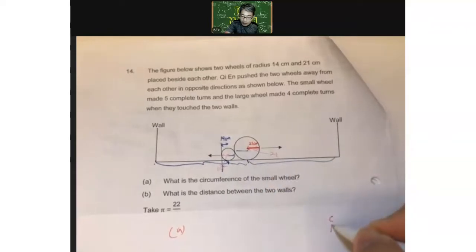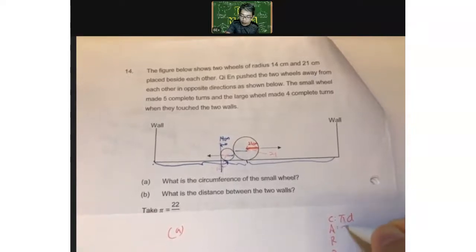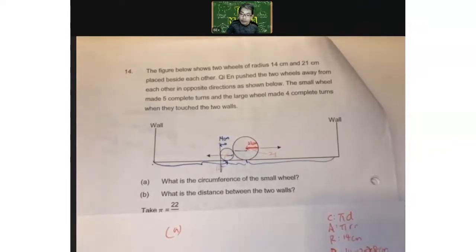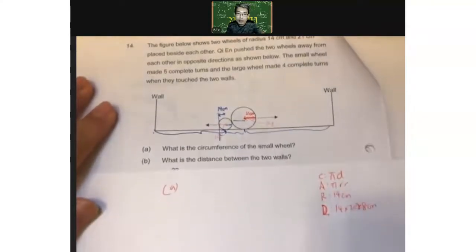Remember your CARD, right? Circumference is pi times diameter. And the area is pi r squared. Radius of the small circle is 14 cm. And the diameter is 28 cm.